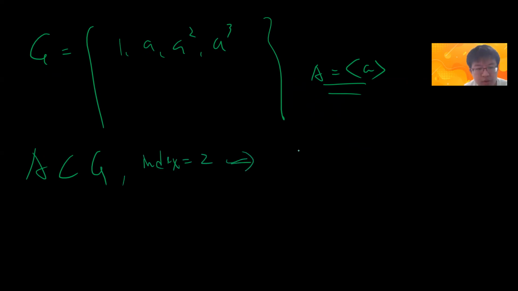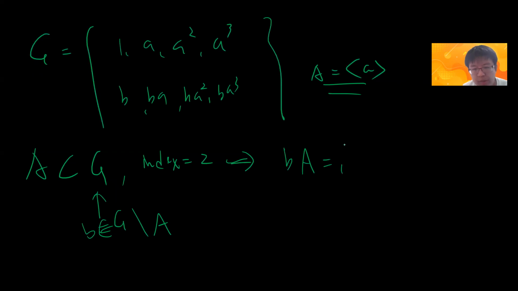Okay, so let's say I take some element called B, which is in G outside A. So I can easily do the same thing. I can say this is B, BA, BA squared, BA cube, and then they are all different. And they are normal, right?